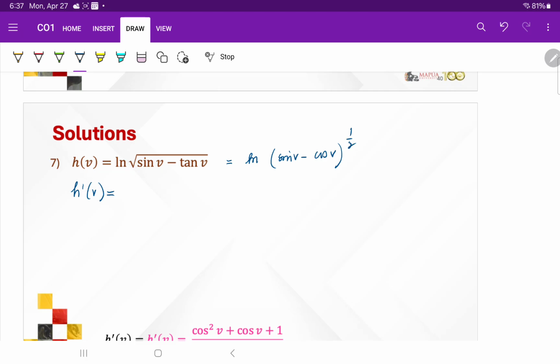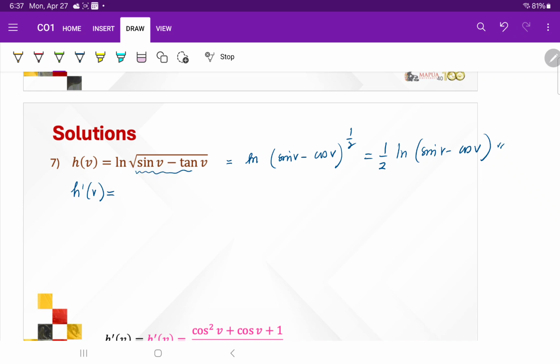Diba? And then by the laws of logarithm, we could write this as 1/2 ln of sine of v minus cosine of v. Bring down the exponent. So it's easier to differentiate this one rather than this original problem here.